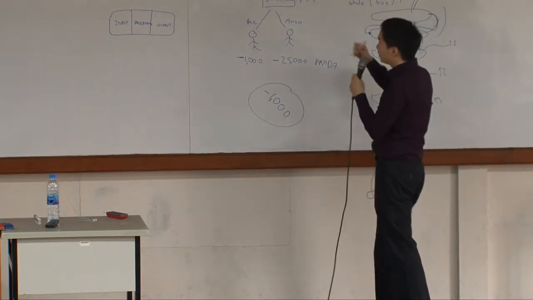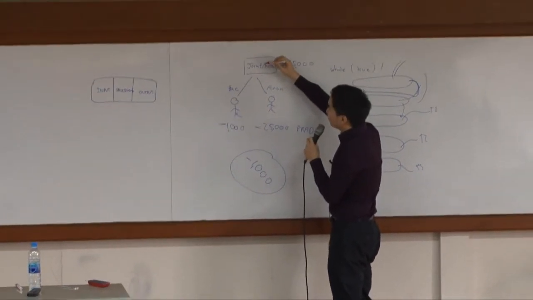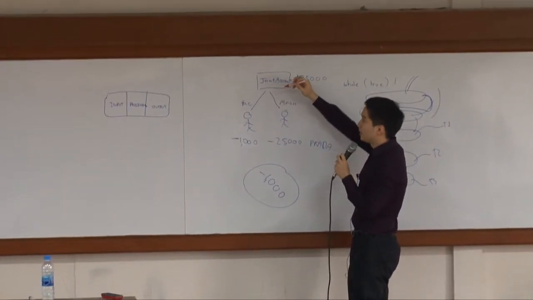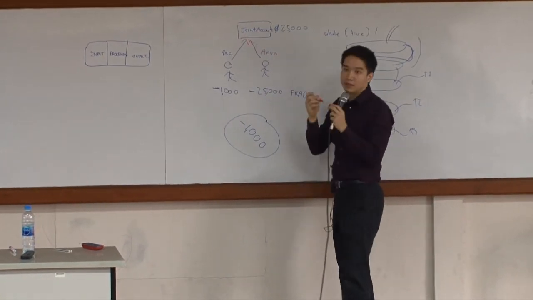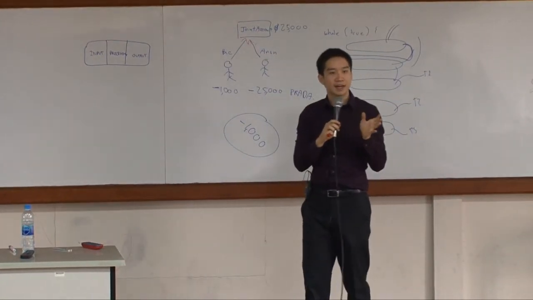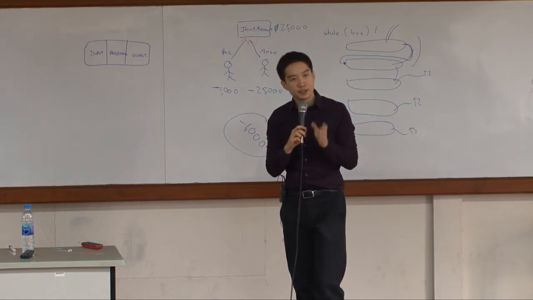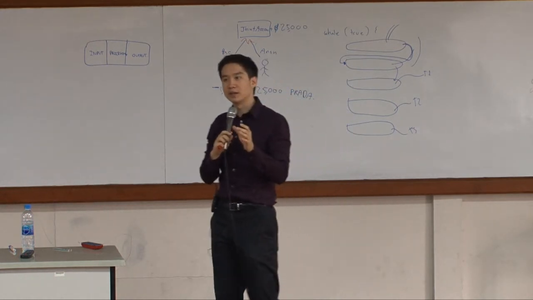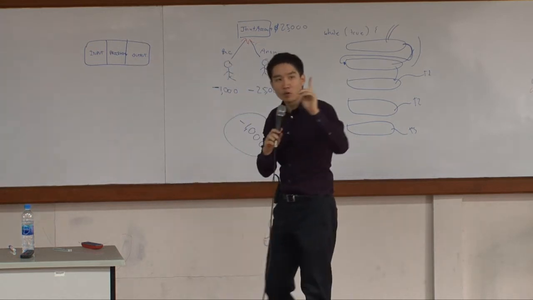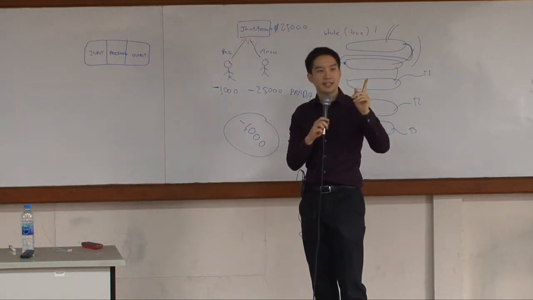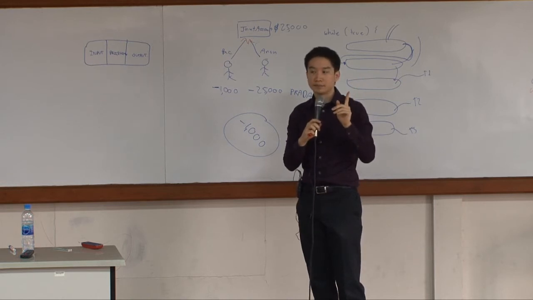So in the case of the joint account, as an example, we had two threads that try to modify the joint account at the same time. In those situations, you should ensure that you use something like the synchronized keyword to ensure that only one accesses the account at a time.